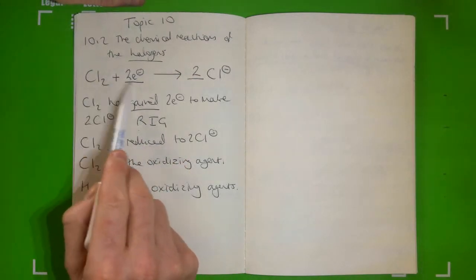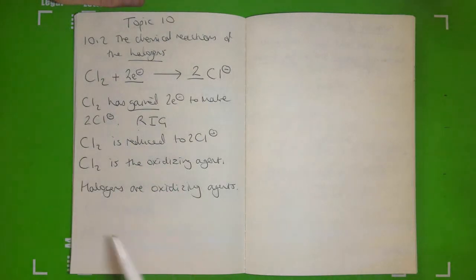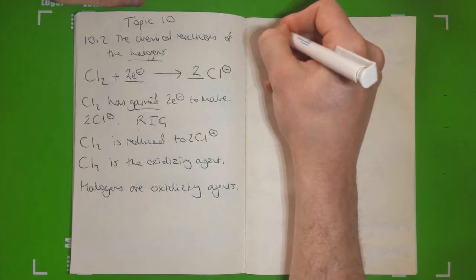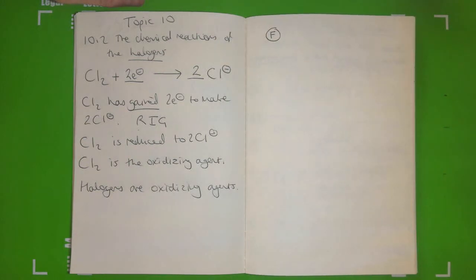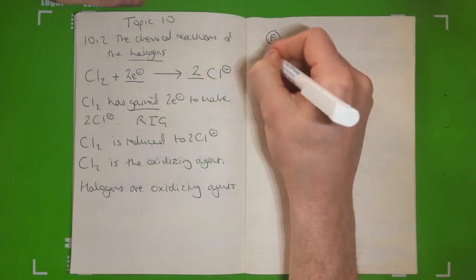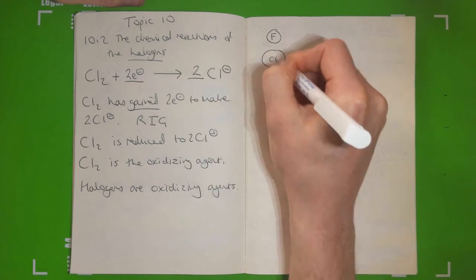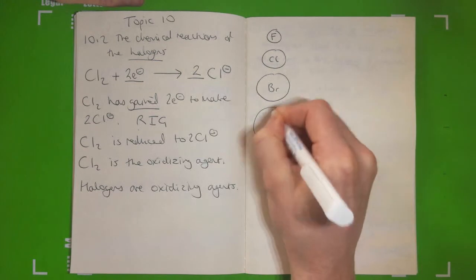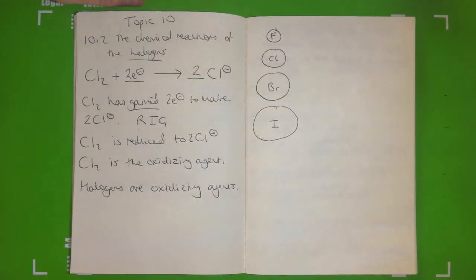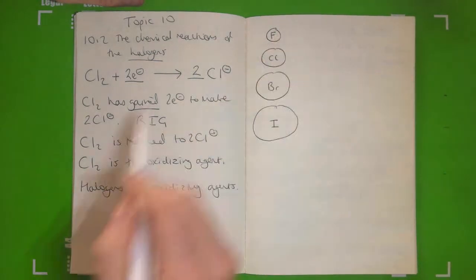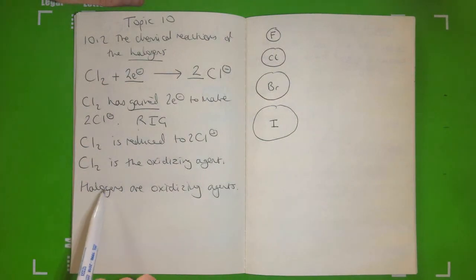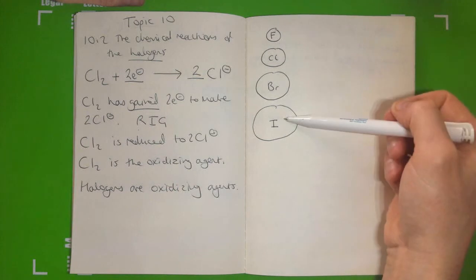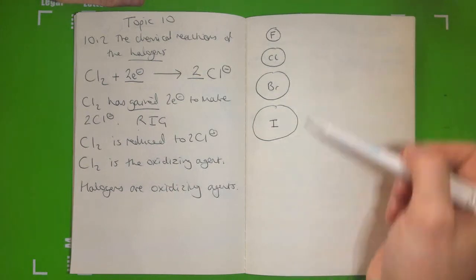Gaining electrons. Now, if you look at the size of atoms, fluorine has quite a small atomic radius there. Chlorine is bigger. Bromine is bigger still. And iodine is even bigger. What we're trying to do here is, when we're oxidizing something with halogens, and this is a very simplistic explanation, but the size here shows the trend.